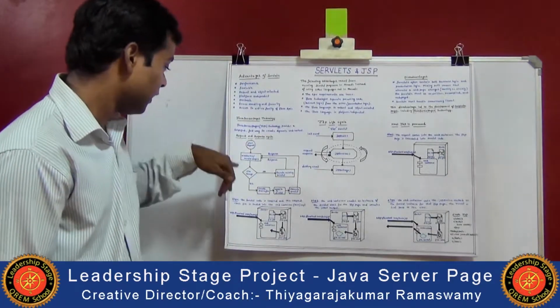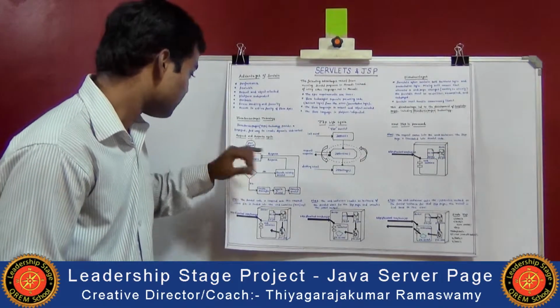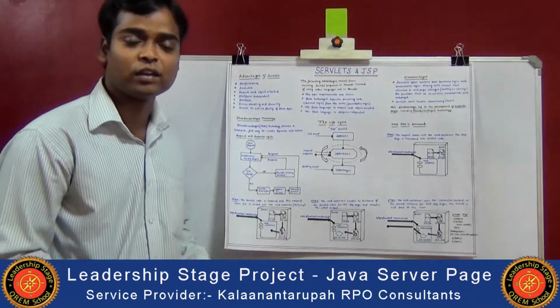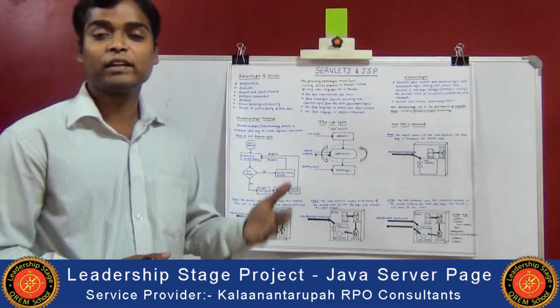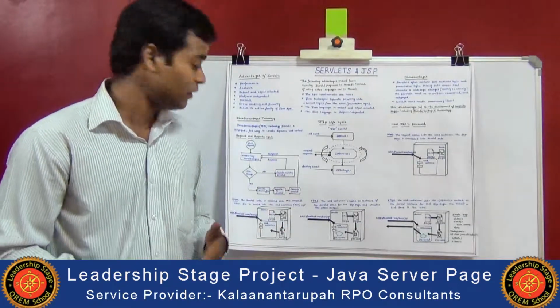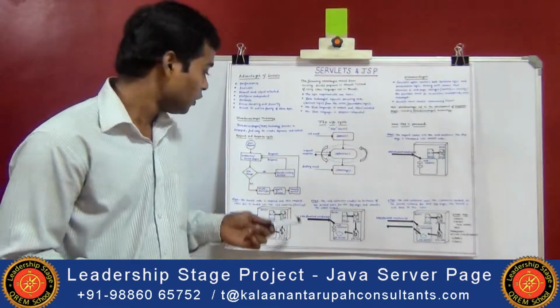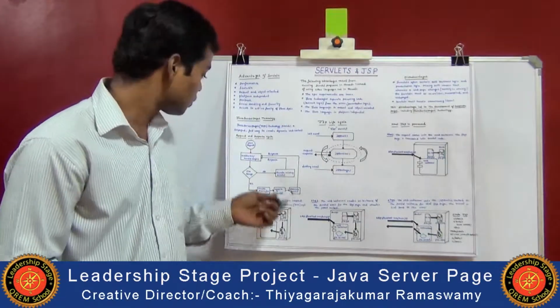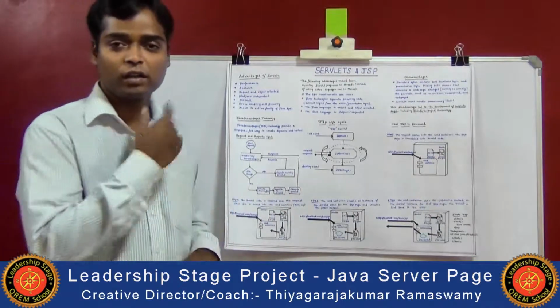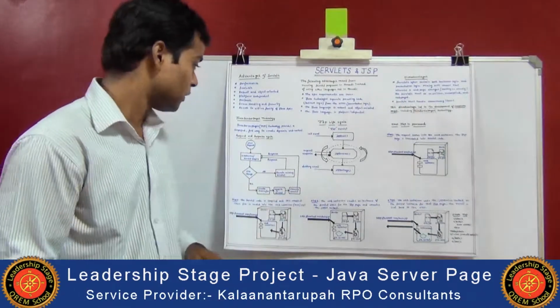If the file is not there in the web server, it will create a source file, create an instance of the servlet, compile it, and then execute the servlet to give the appropriate response to the web server and to the browser, that is the user.